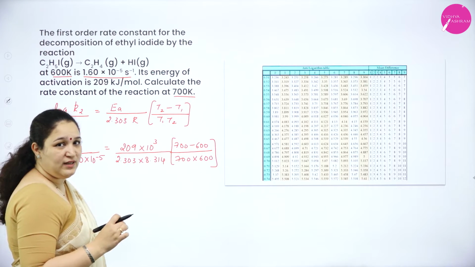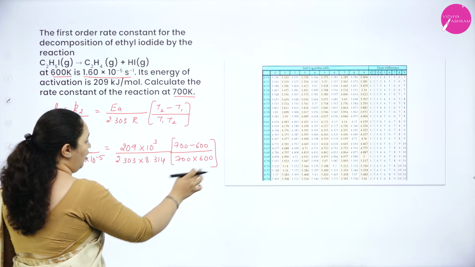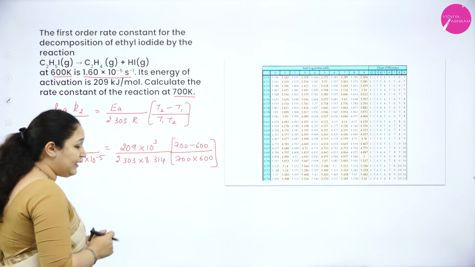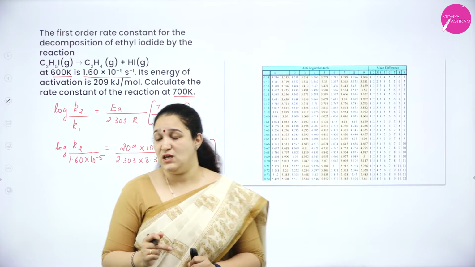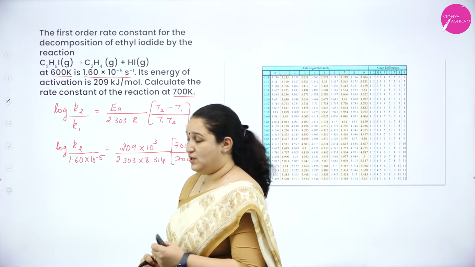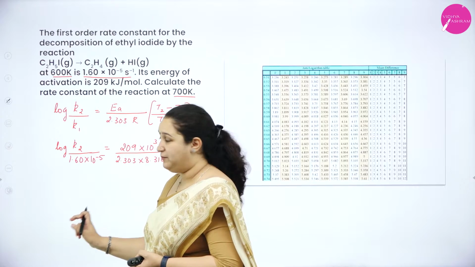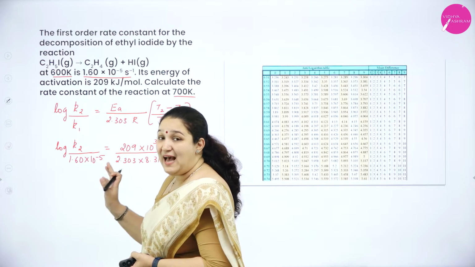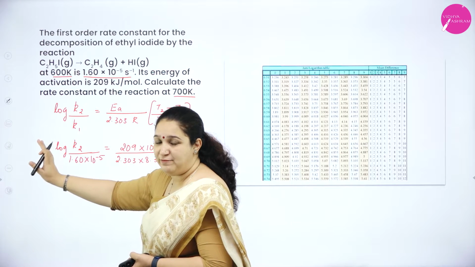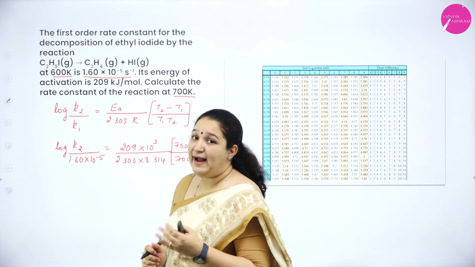You have followed till here? So next what are we going to do? We have to solve all of this. We'll get a number. Now log K2 by K1, I cannot find out because the K2 value I don't know. So after I solve this, whatever number I am going to get, we'll have to find out that number's anti-log, because log from the left hand side when it goes to the right hand side will become anti-log.